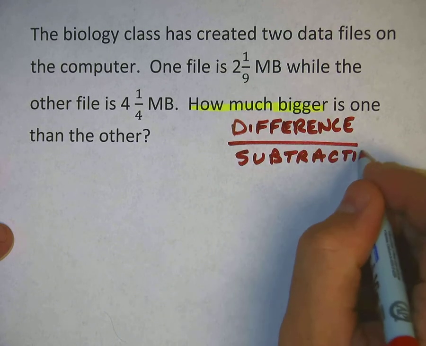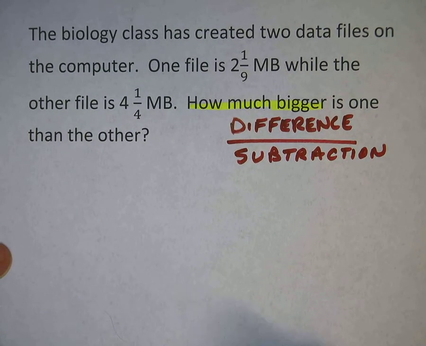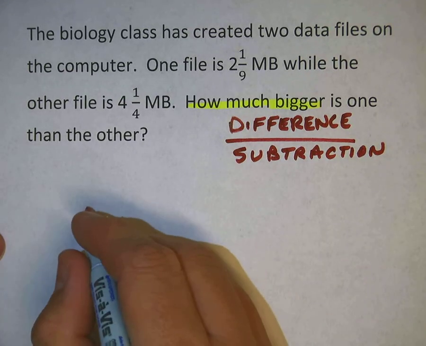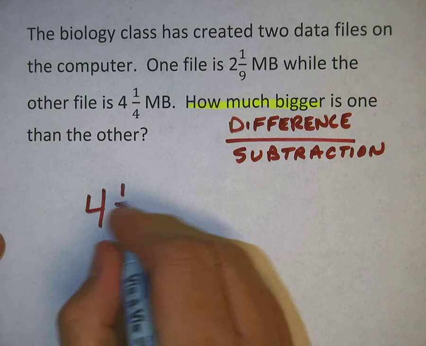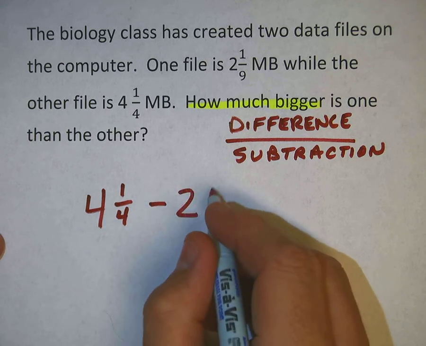That is primary to getting these kinds of problems correct. So once we know it's a subtraction problem, we're going to look at getting the difference. So we'll take 4 1/4 and subtract 2 1/9.